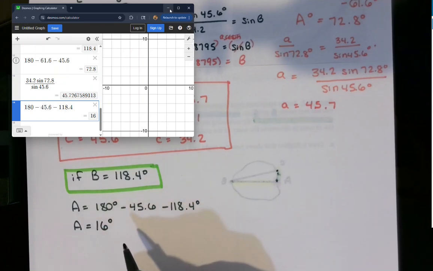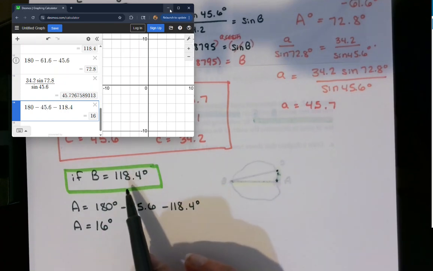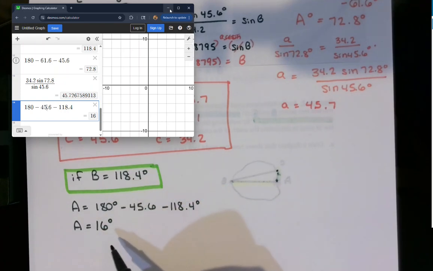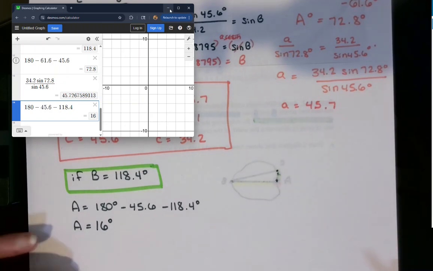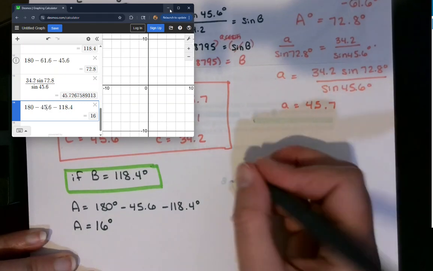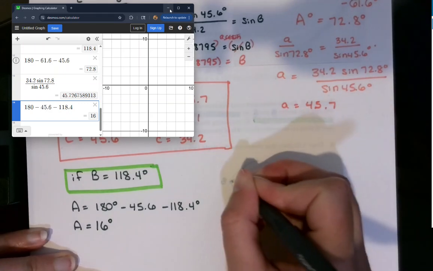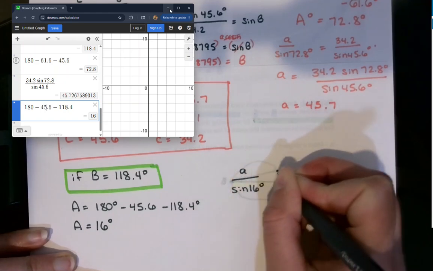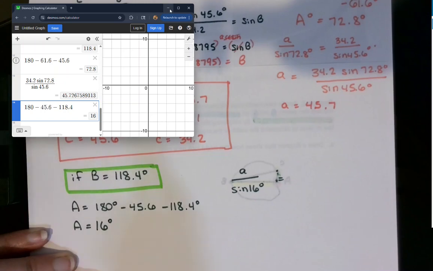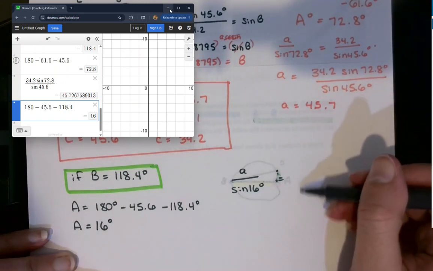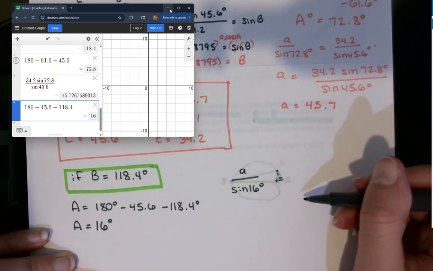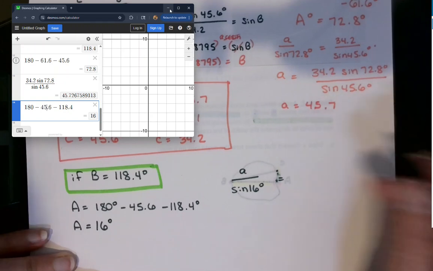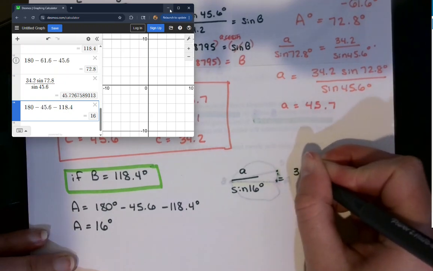If that had come out negative, we would have immediately learned that this angle was not viable, but it did not. So this angle is still a viable solution. Let's continue to look at it. And we're going to find the length of side A. So in this case, A over the sine of 16 degrees would be equal to, we can do the ratio of either C over sine angle C or B over sine angle B. Doesn't matter. I'm going to actually stick with C since those are the pair I was given.